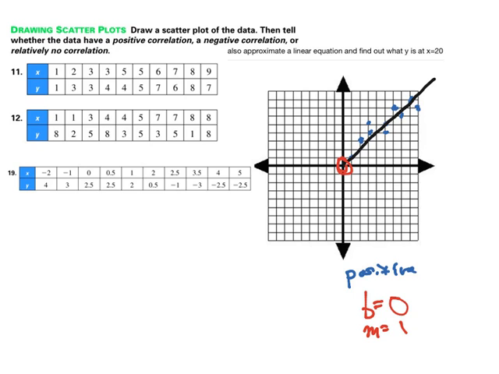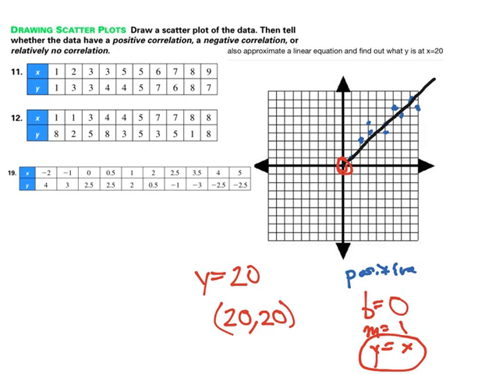Therefore, my equation would be y equals mx plus b, or y equals 1x plus 0, or y equals x. And we need to approximate when x equals 20. So if x equals 20, y equals 20. So the point would be 20, 20.